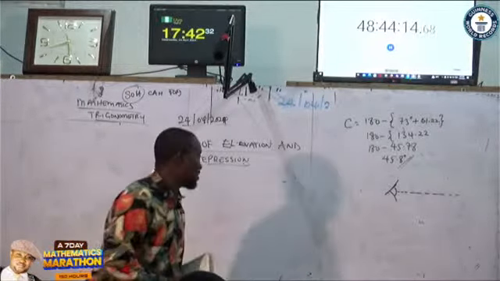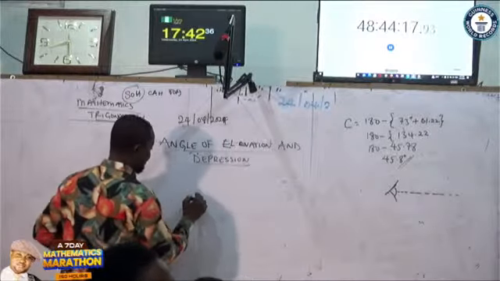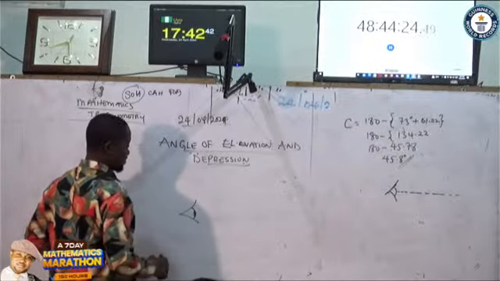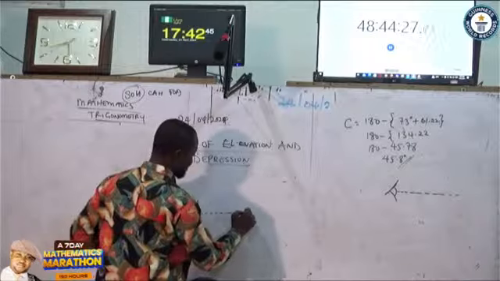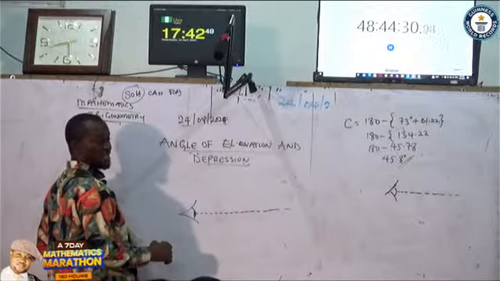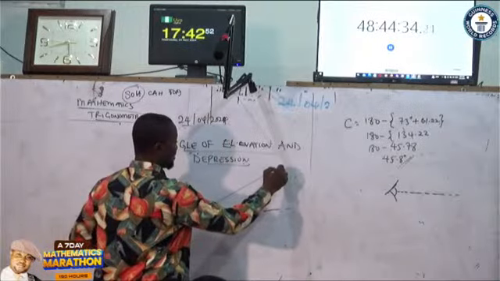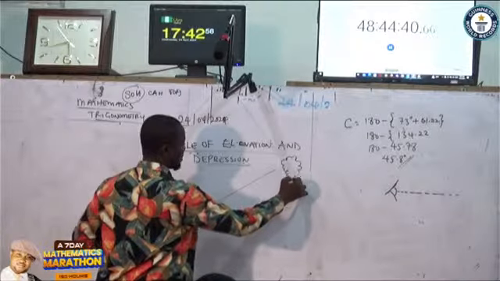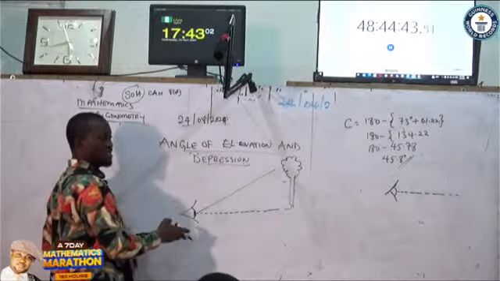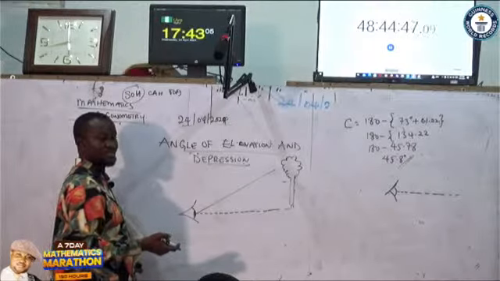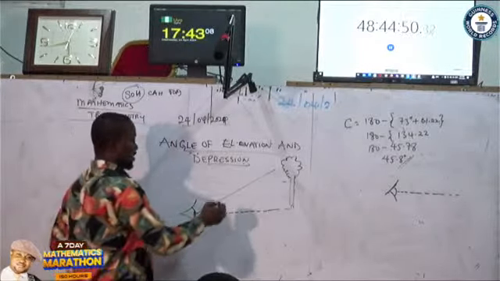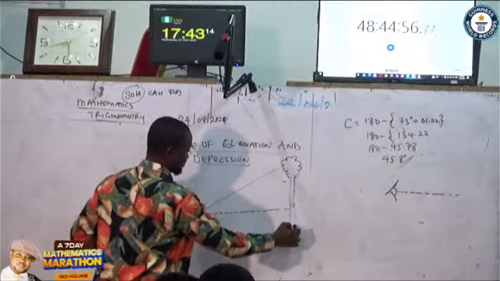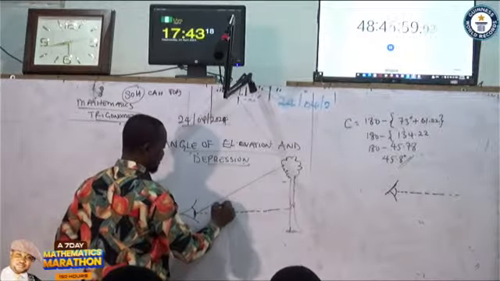So, if you have your normal eye, like this is somebody's eye, and you look at something straight, and then your eye goes up and you see something, maybe the top of a tree, as this person is looking up from his normal eye, he is forming an angle of elevation.